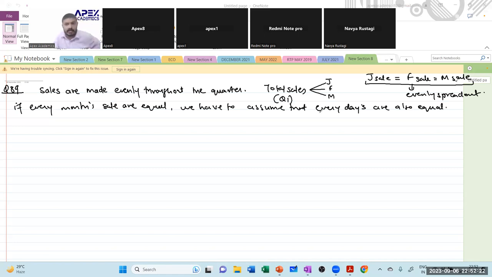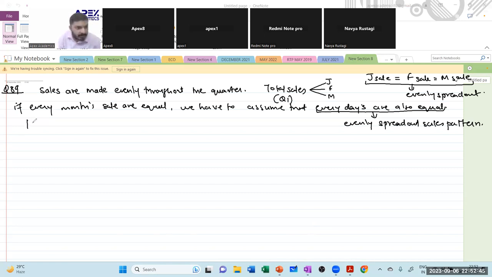This shows an evenly spread out sales pattern. What is the meaning of an evenly spread out sales pattern? Every day is the same level of activity. So every month is the same level of activity. Every quarter is the same level of activity. This is a very important point.